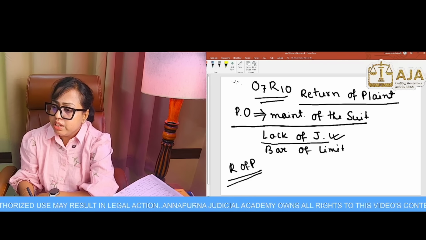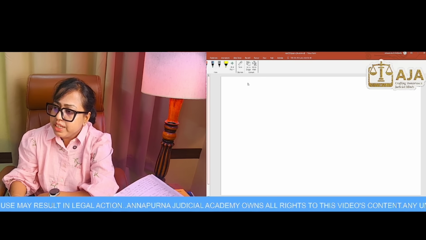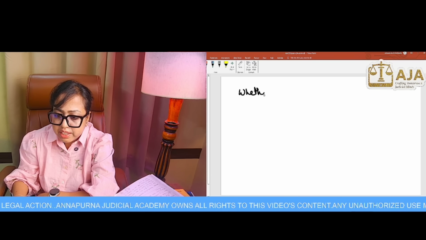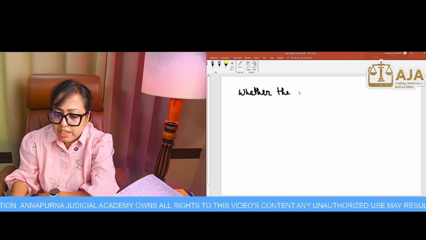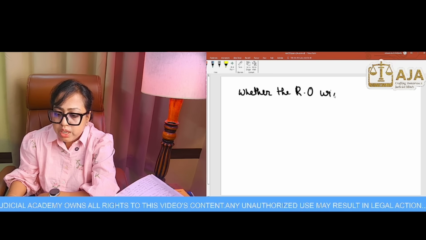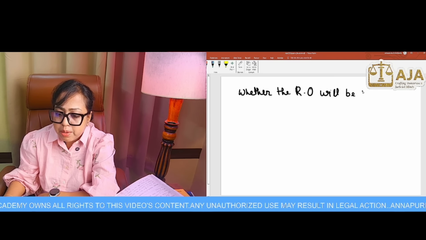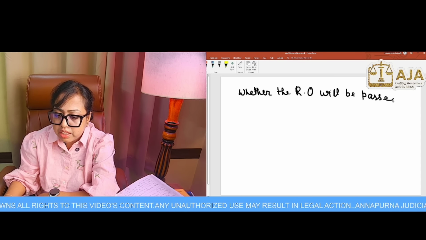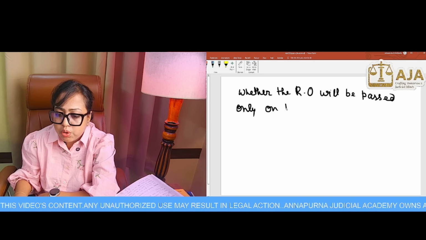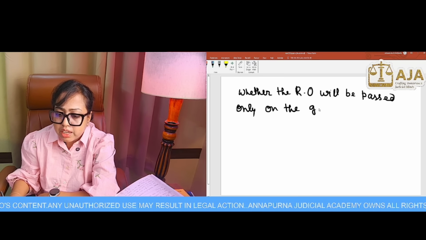Now the question is whether the return order will be passed only on the ground of lack of jurisdiction.